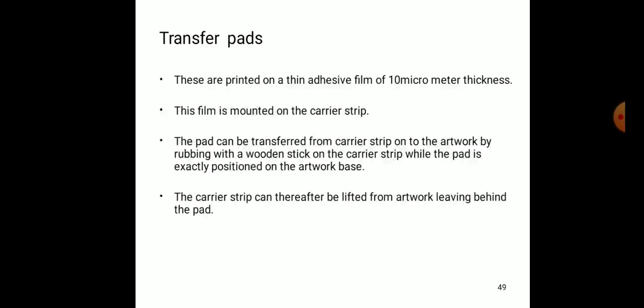Another one is the transfer pads. These are printed on a thin adhesive film of 10 micrometer thickness. This film is mounted on a carrier strip. The pad can be transferred from the carrier strip onto the artwork by rubbing with a wooden stick on the carrier strip while the pad is exactly positioned on the artwork base.